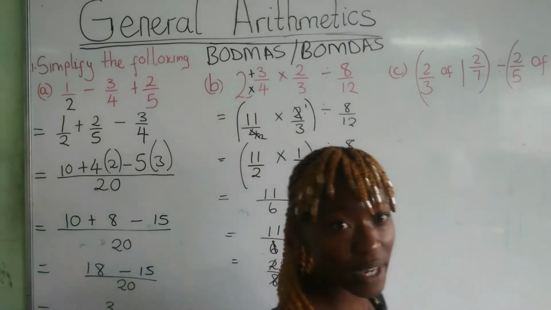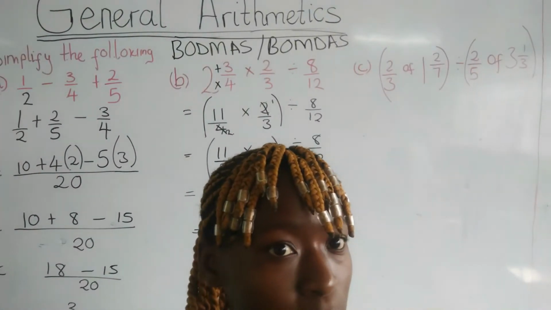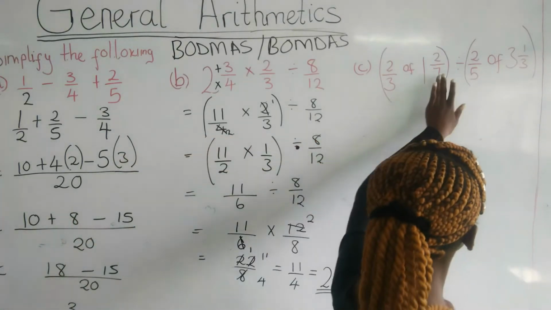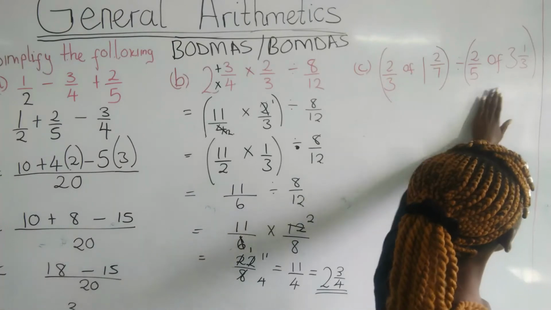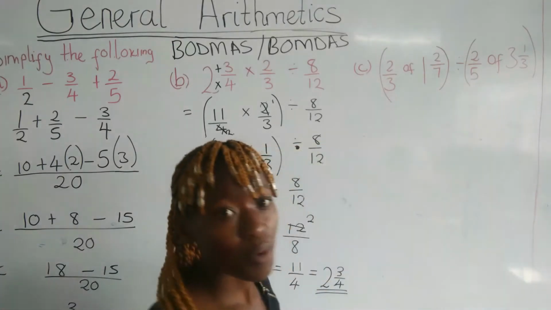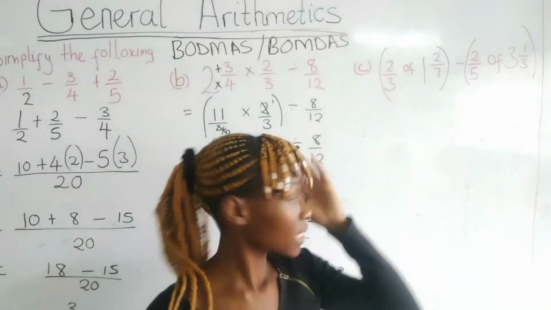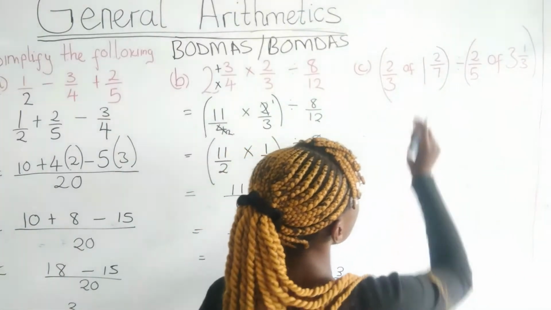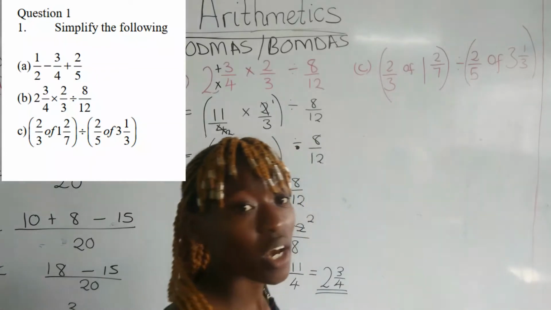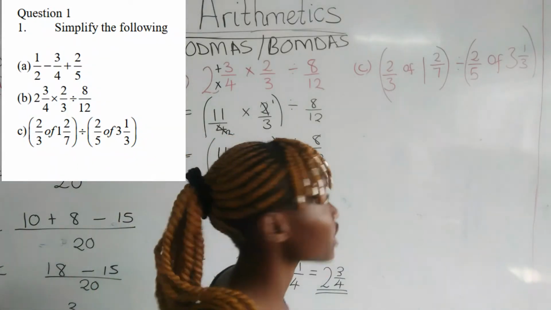Going to our third part, it says 2/3 of 1 and 2 over 7, divided by 2/5 of 3 and a third. Remember that "of" represents a multiplication sign. And here we change to improper fractions.